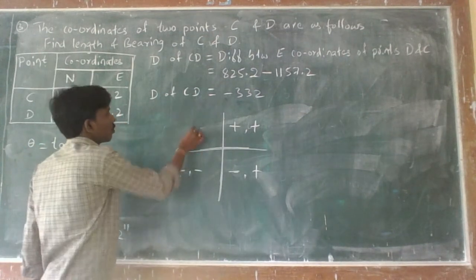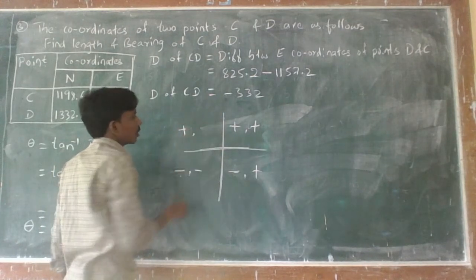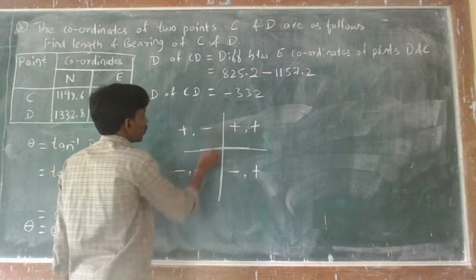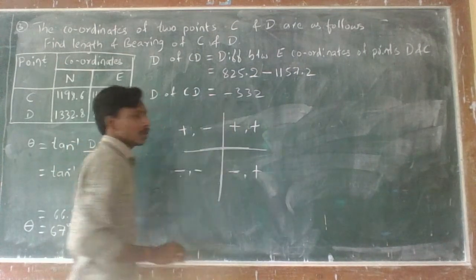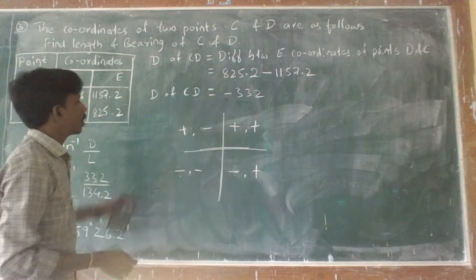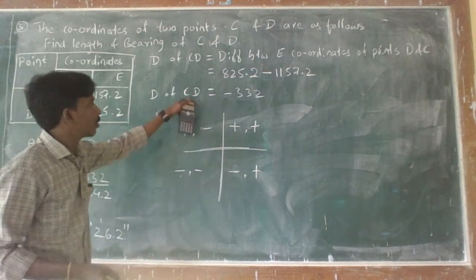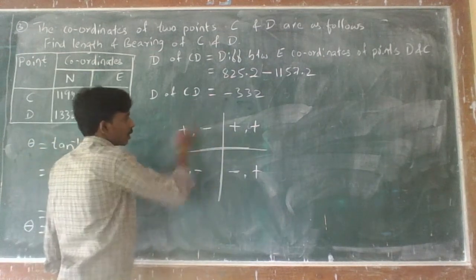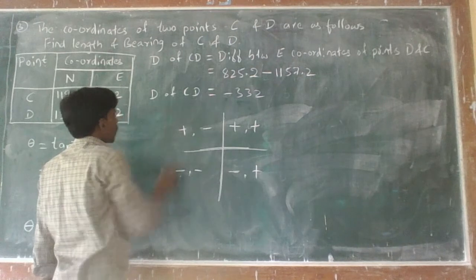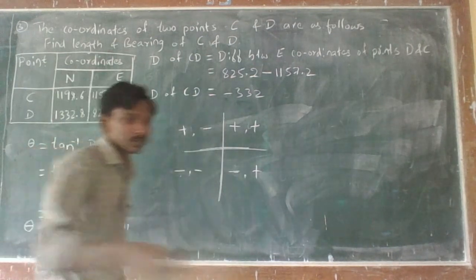Now here in the fourth quadrant, latitude will be positive and the departure will be negative, because departure is towards west, latitude is towards north. Now here we got latitude in positive sign and the departure in negative sign. So as per this chart, we get the line CD lies in the fourth quadrant.